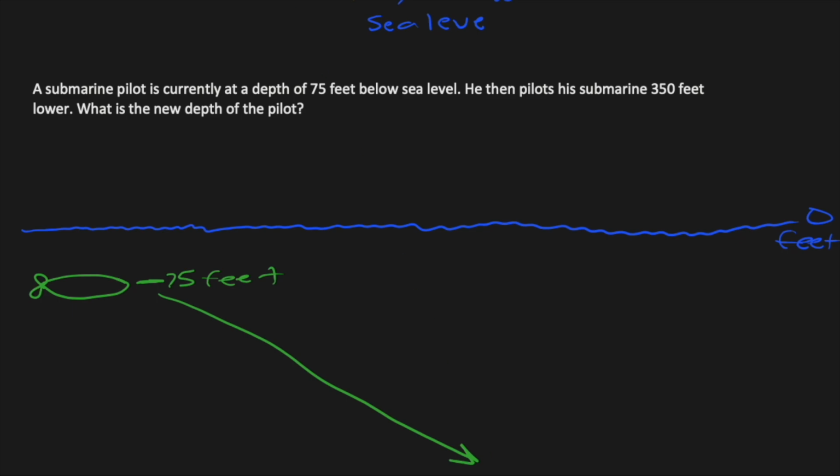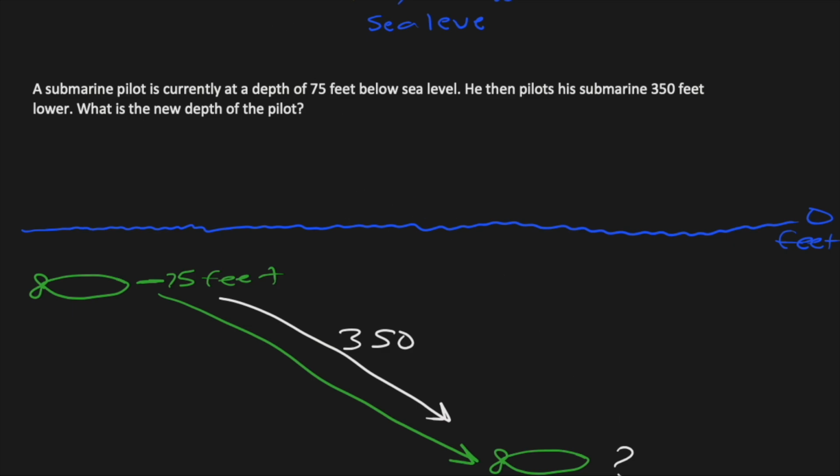So this is the new location of the submarine. I'm going to take the submarine I drew earlier and simply copy and paste it. There we go. It went down an additional 350 feet. So what is the new depth of the pilot?